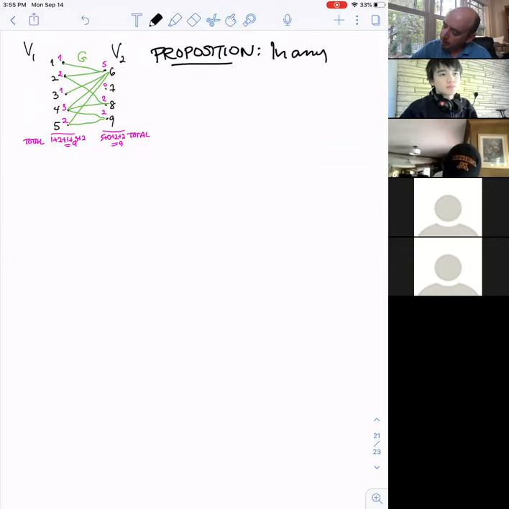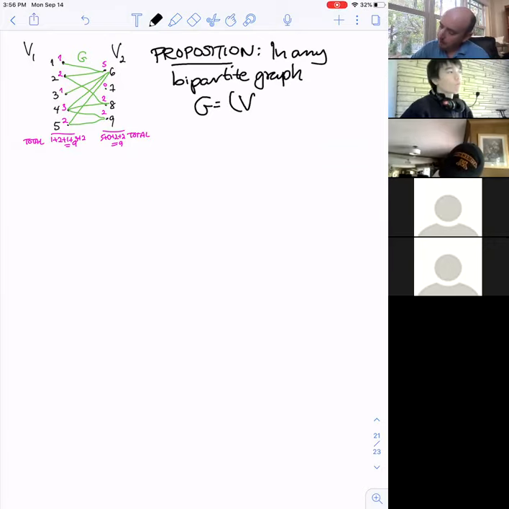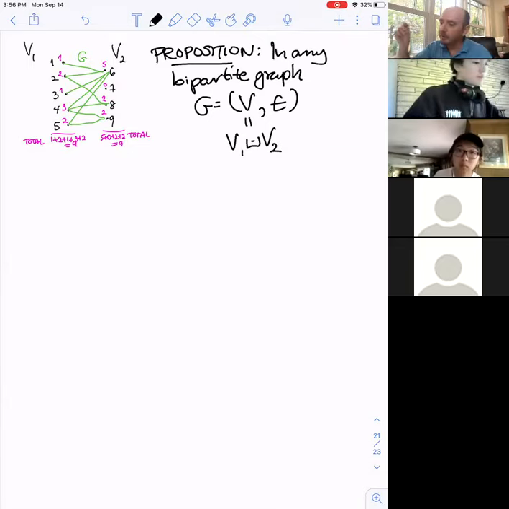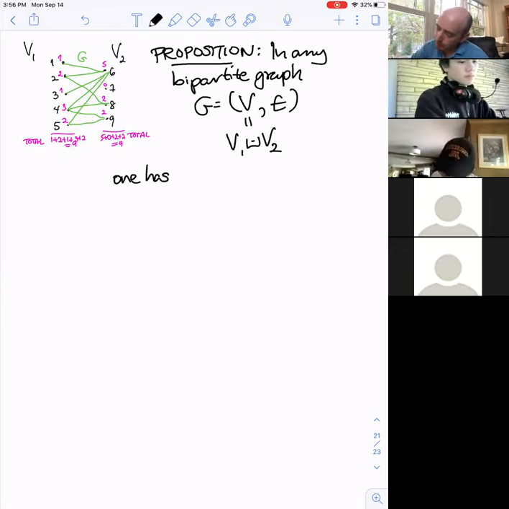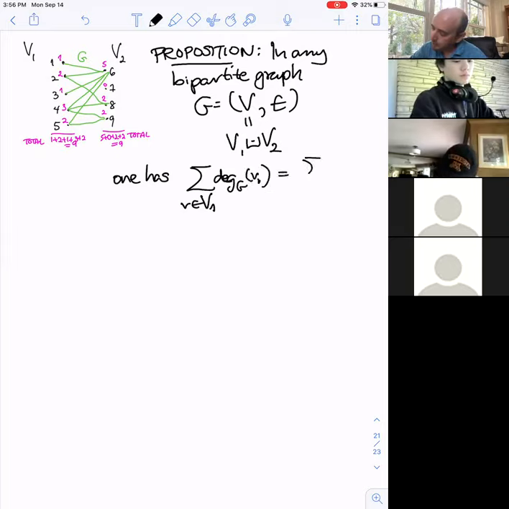In any bipartite graph, sorry, G is V comma E, and I have to tell you the name of the bipartition of the vertices into two disjoint sets, V1 and V2. Then one always has that if you sum the vertex degrees on the V1 side, you will get the same thing as if you sum the vertex degrees on the V2 side.